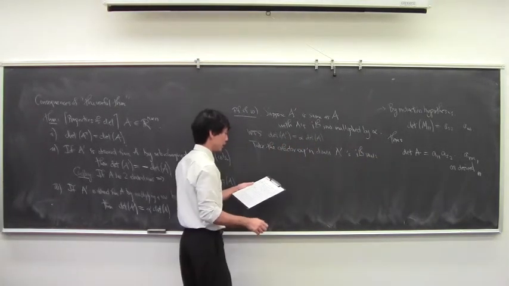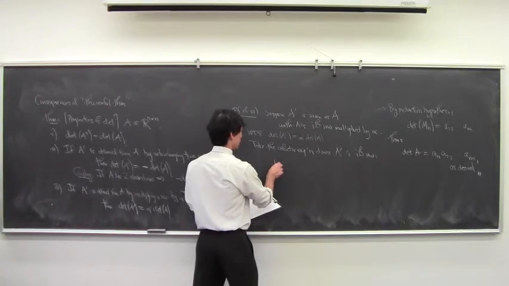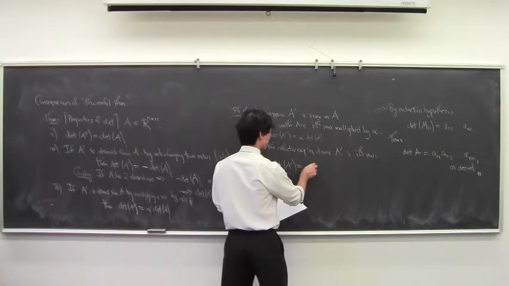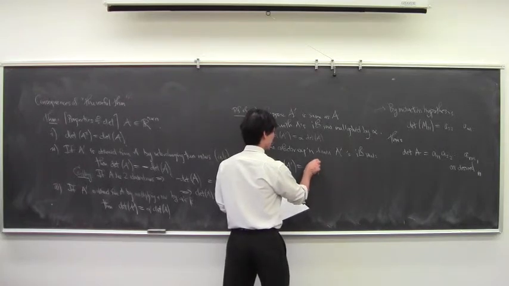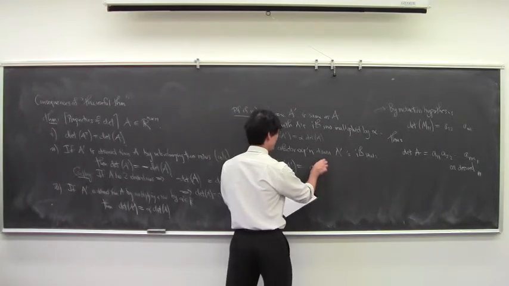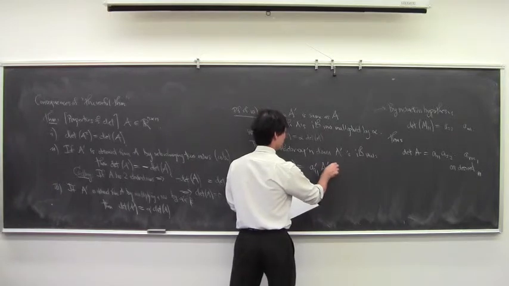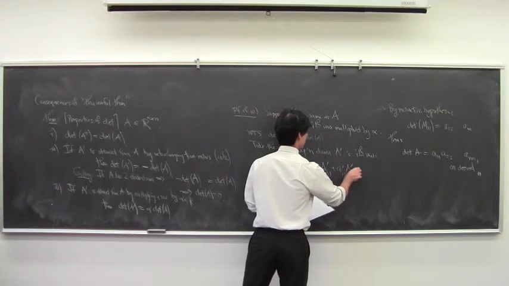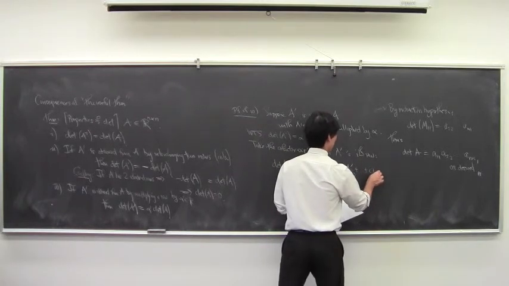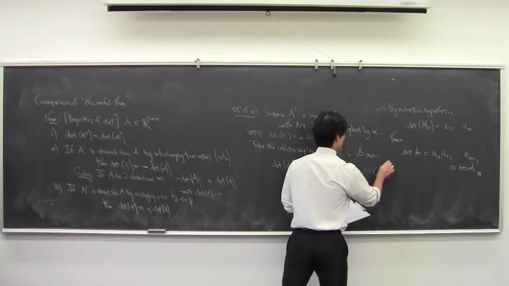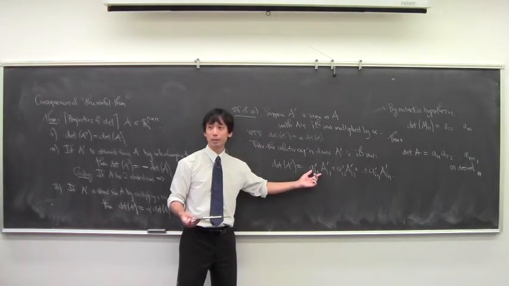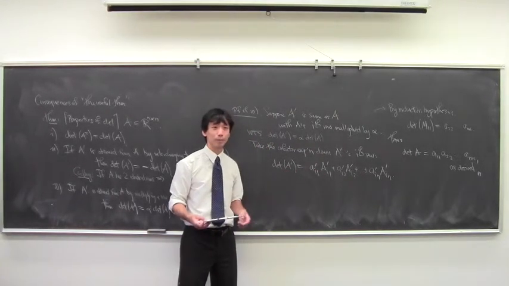You end up with the determinant of A prime being a'_i1, a'_i2, ..., a'_in times their cofactors, where the primes indicate that these are the coefficients from A prime.